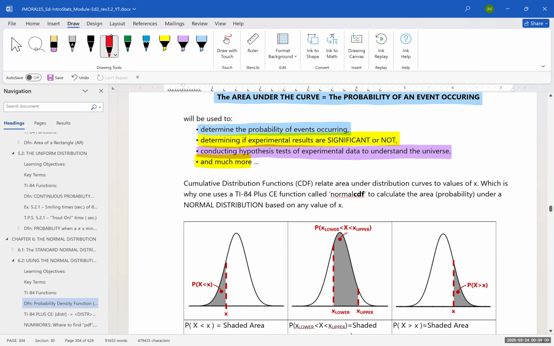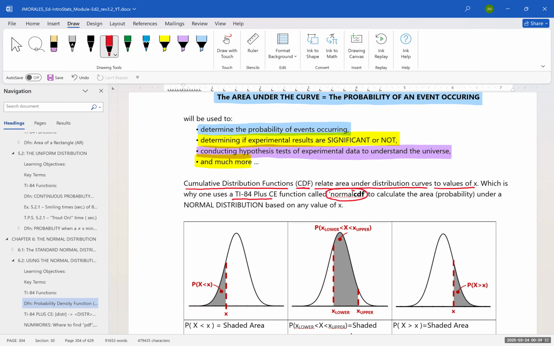So cumulative distribution functions, or CDF functions, relate an area under the distribution curve to values of x, which is why one uses the TI-84 Plus CE function called normal CDF.